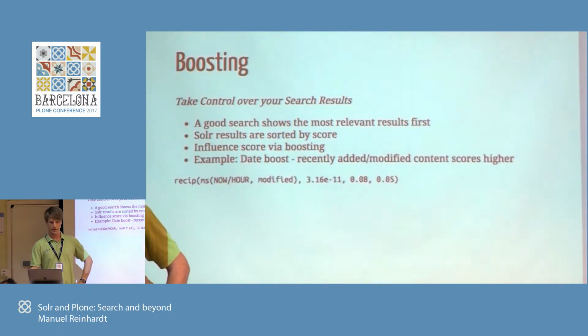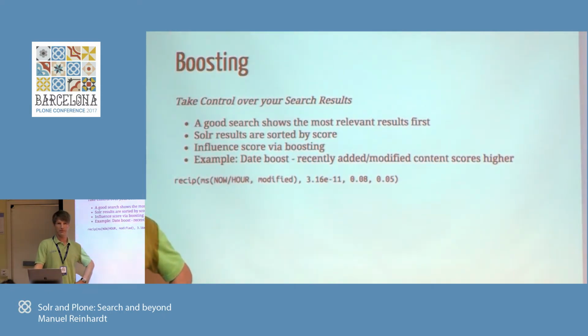A very valuable real-life example is a date boost. For example, in a social intranet setting, maybe you've heard Alex's talk before mine, you're probably looking for stuff that has been added or edited recently, something that's active and that's not been lying around for ages.